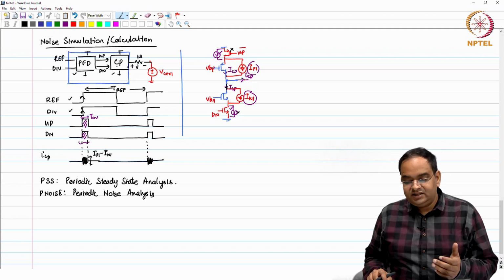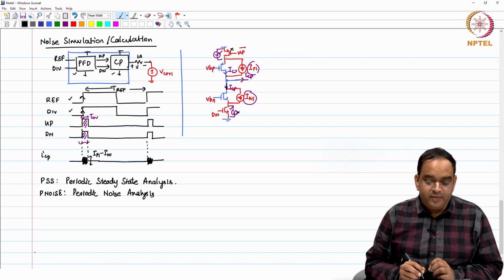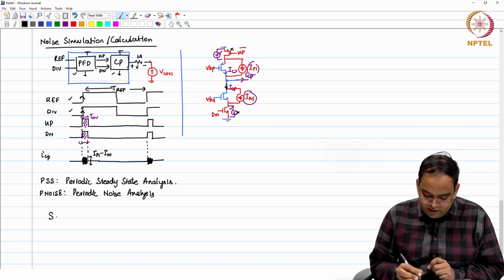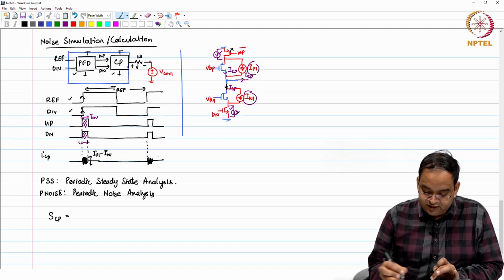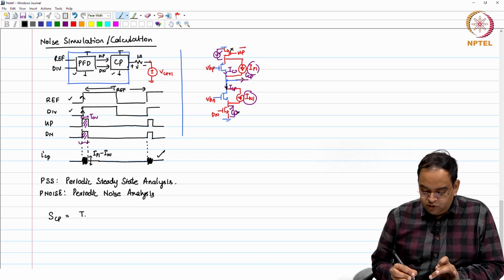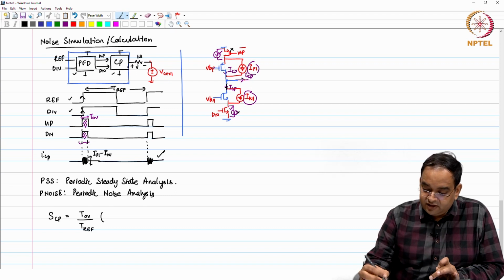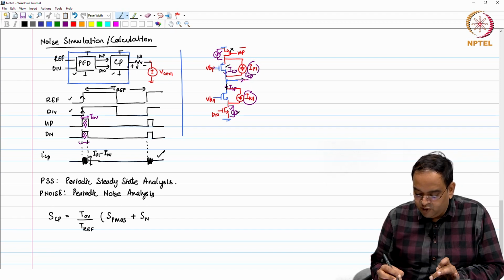Interestingly, after doing a lot of maths, you can find that the noise spectral density of the charge pump, which is the spectral density of this waveform, is equal to T overlap divided by T ref times the noise spectral density of PMOS and NMOS, S PMOS plus S NMOS.